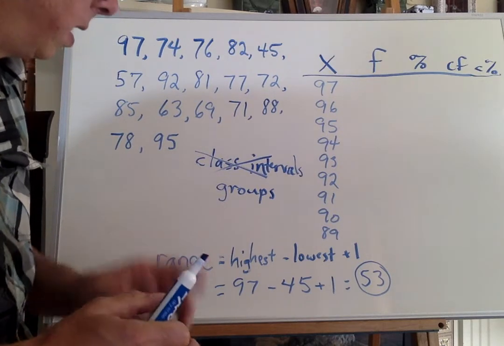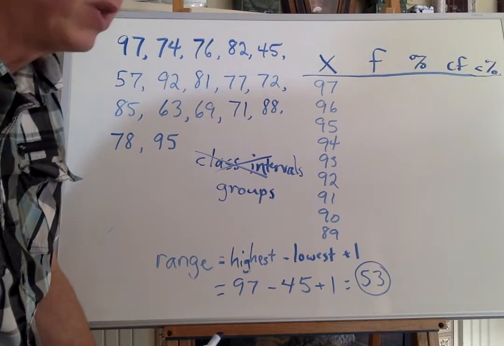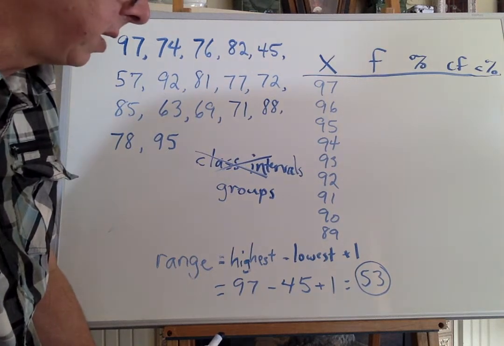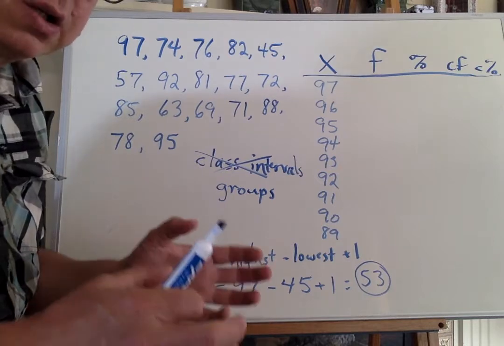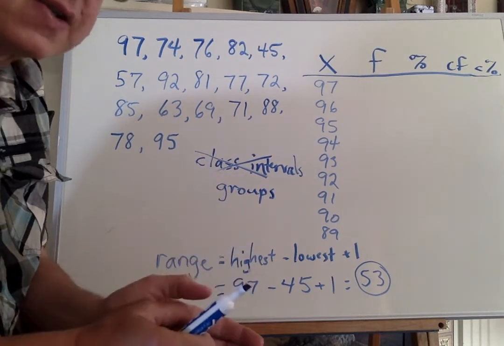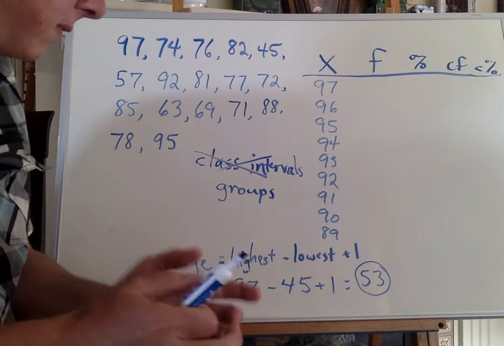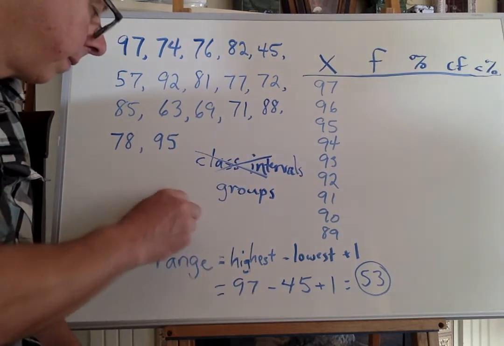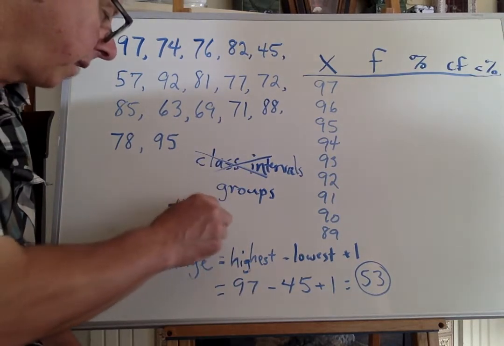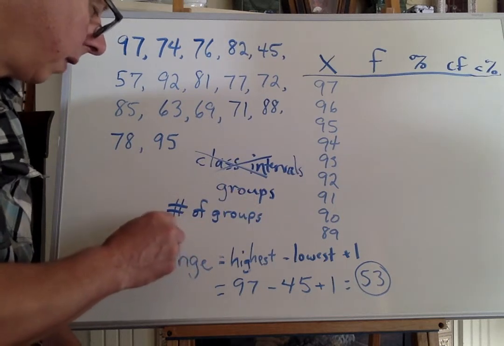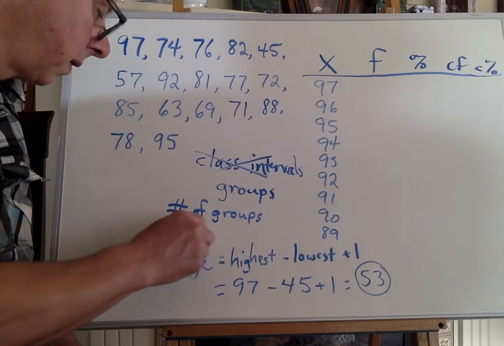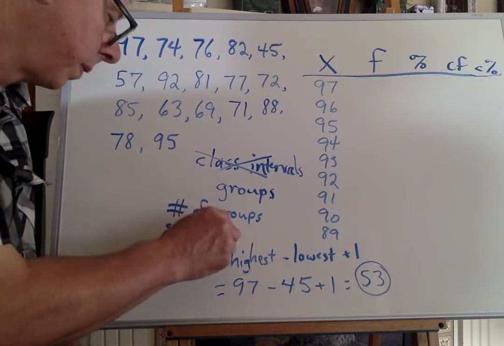Now, I'm going to need to chop up these numbers in groups that make sense. So we're going to have to think about the number of groups that we have, and the size of each group.